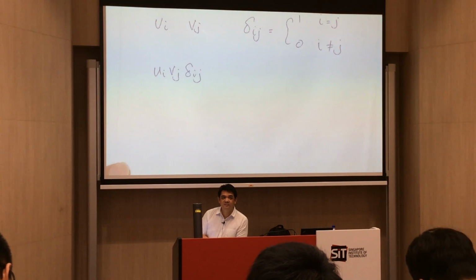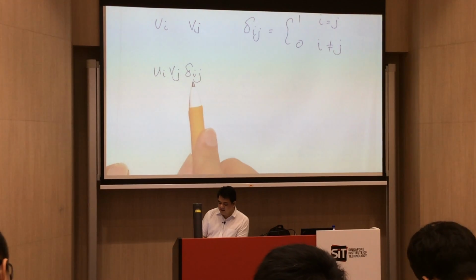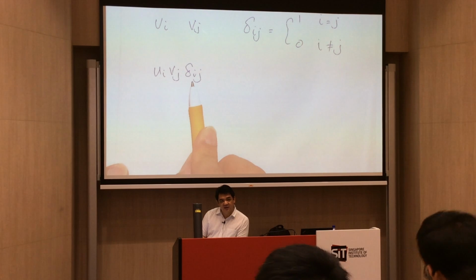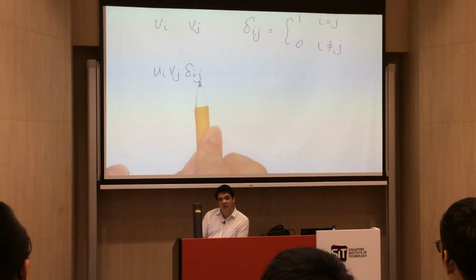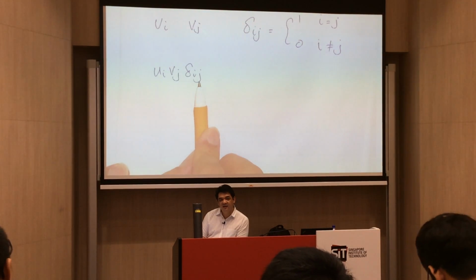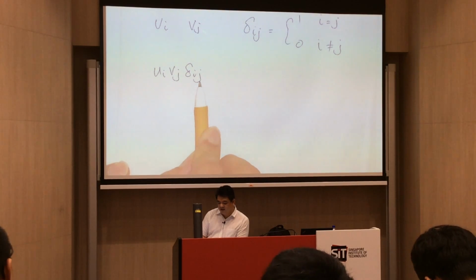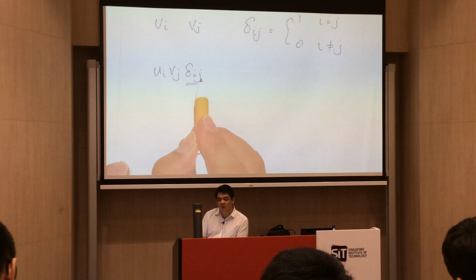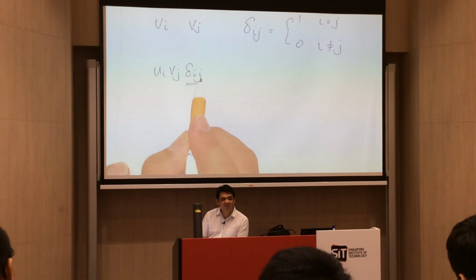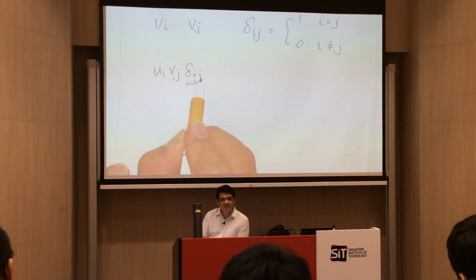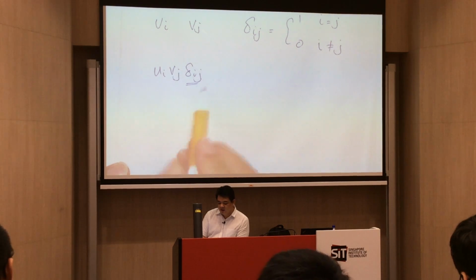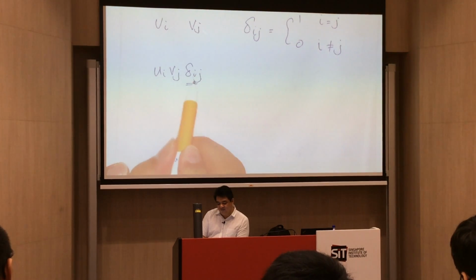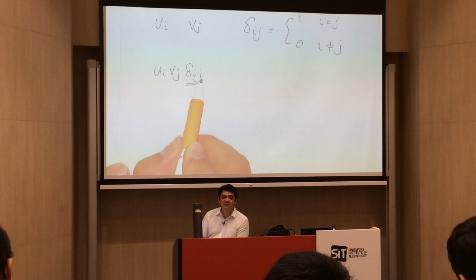As you can see, this one is 0 if i is not equal to j, and this one is equal to 1 if i is equal to j.